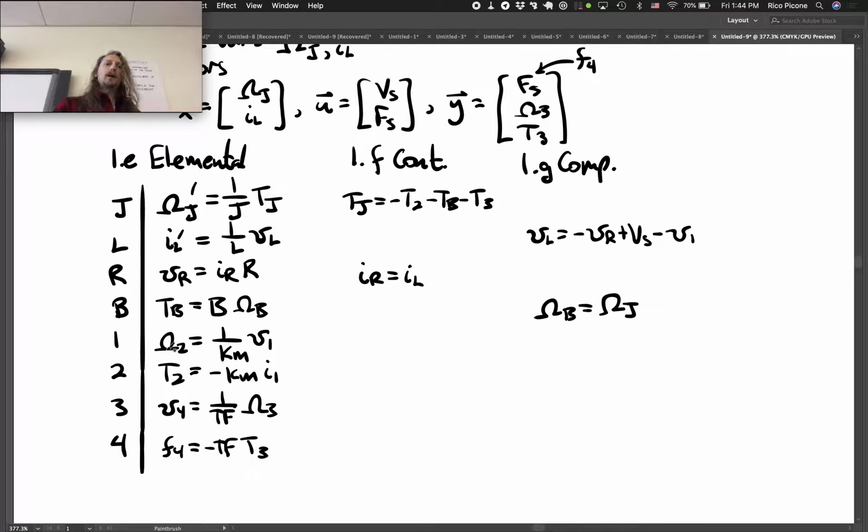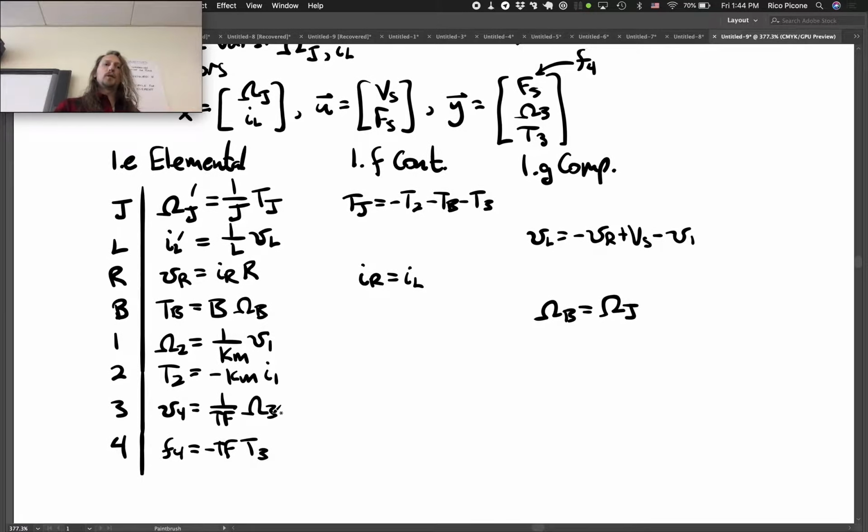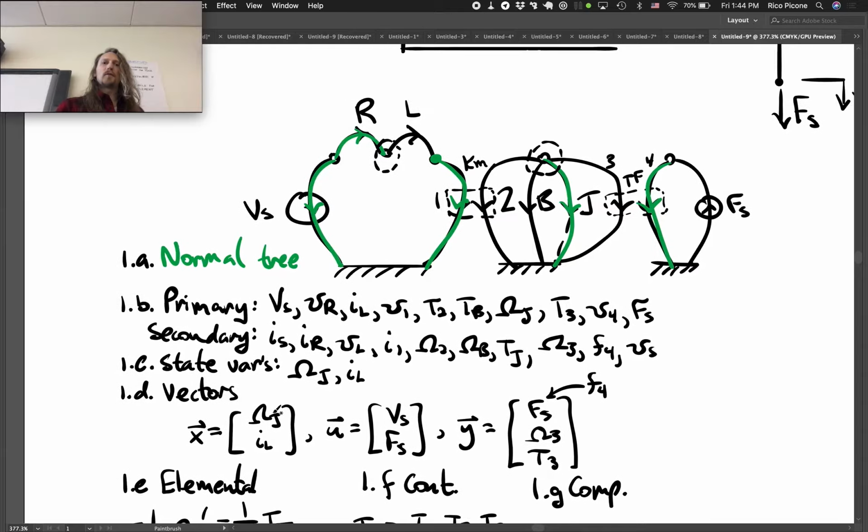Okay, now we're at the 1 and 2 edges. So the 1 is a branch, and we would say that all of the current going out is, so I1 equals all the current going in, because it's going out.